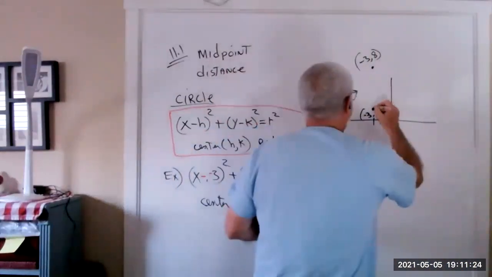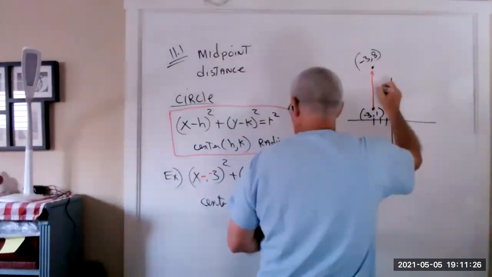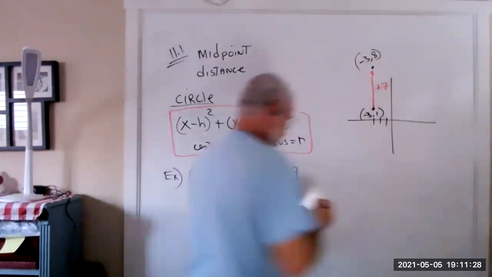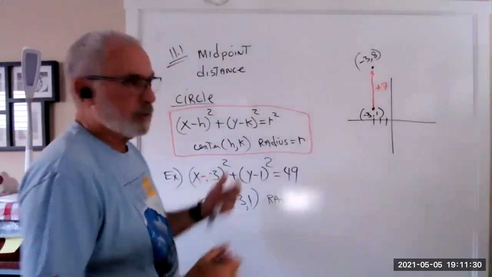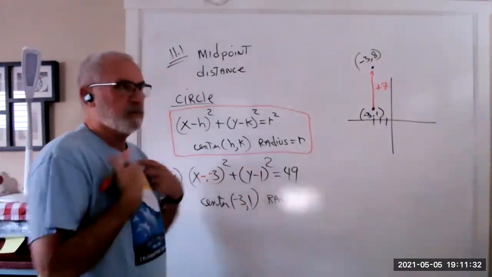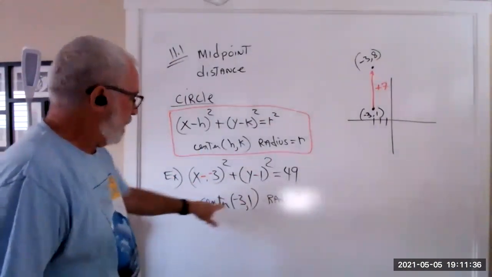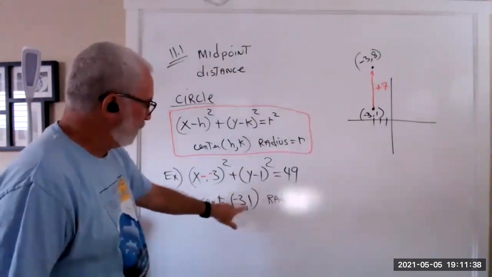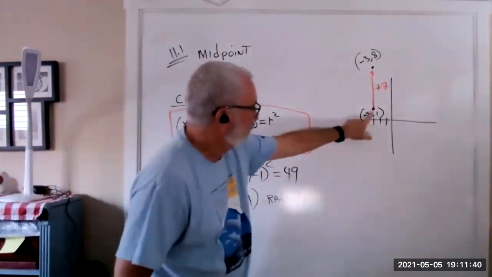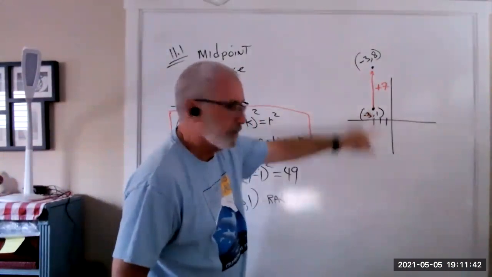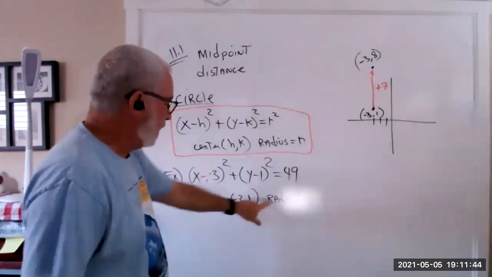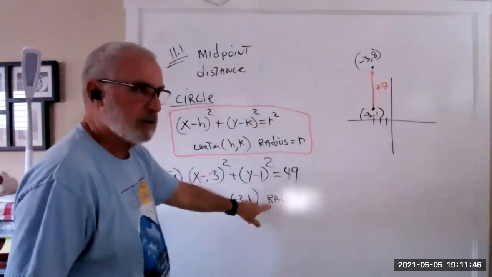So I found one of them. Here, I'll find some other ones. This is what I was talking about if you didn't understand my discussion. This is the center, -3, 1. There it is. That's the center of my shape. And my radius was 7.